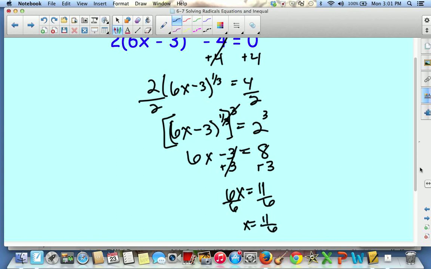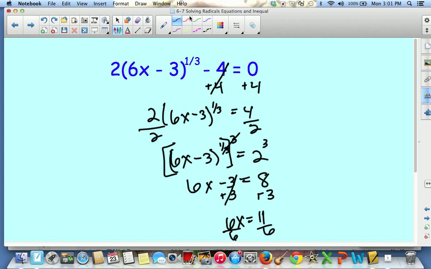And before I circle it, let's make sure it works. I'll do it over here. So we have 2 times (6 times 11 over 6 minus 3) to the 1/3. Now remember, the 1/3 is still the cube root. So let's simplify inside the parentheses first.